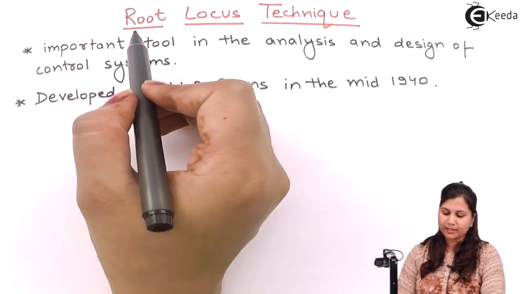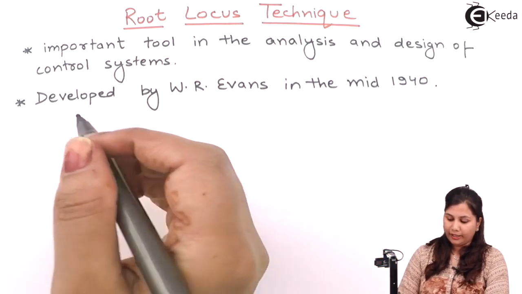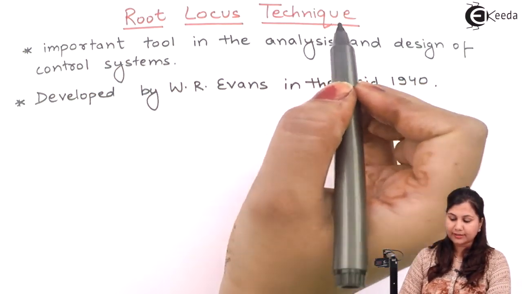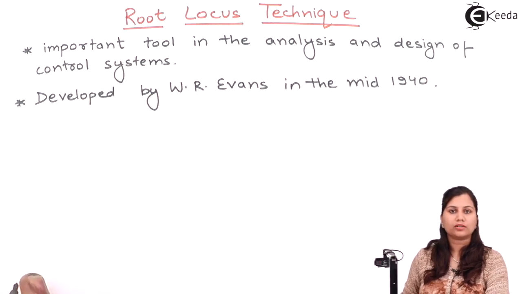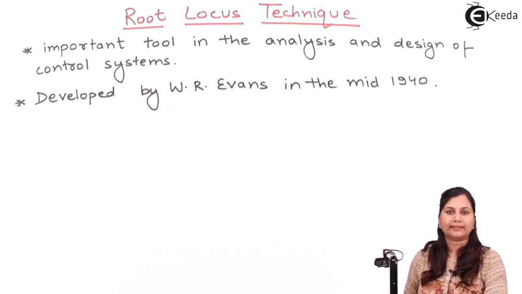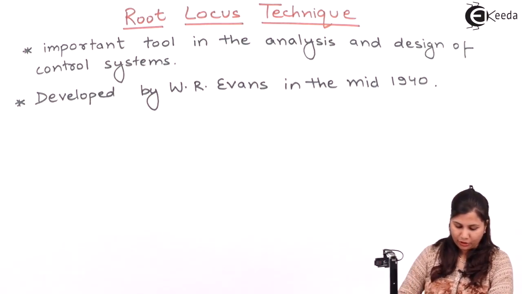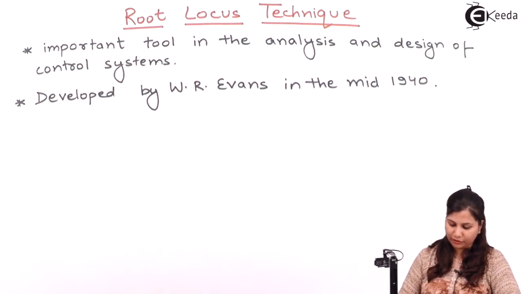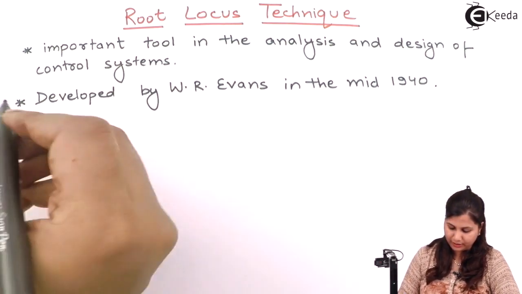So what is the root locus technique? The root locus technique is the plot of the locus of the roots of the characteristic equation. Okay, so let's see what is the definition of this root locus technique.